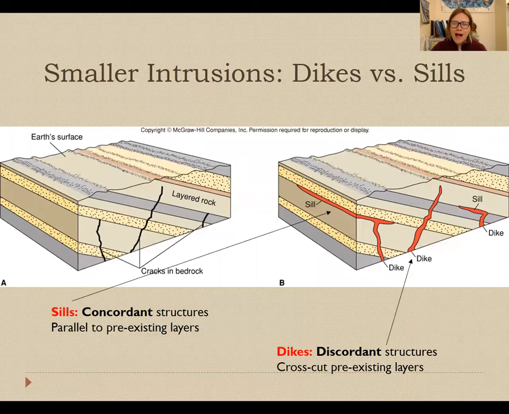We can also have narrower fingers of magma that freeze underneath the ground. And those are usually referred to as dikes or sills. Sills are what we would call concordant structures in geology, which means that they run in the same direction as the pre-existing layers.